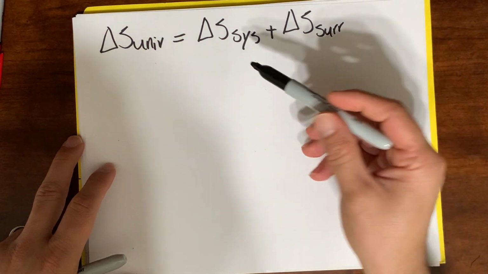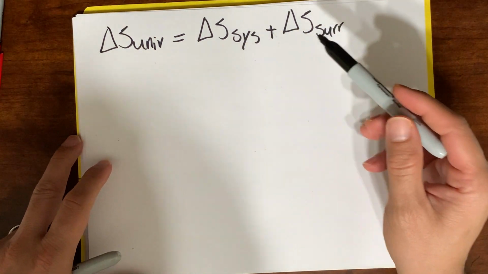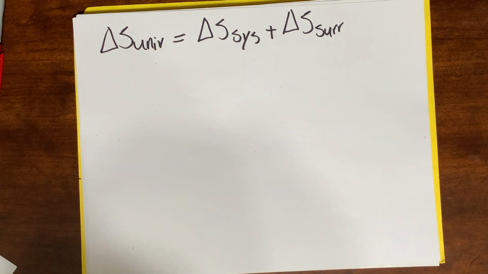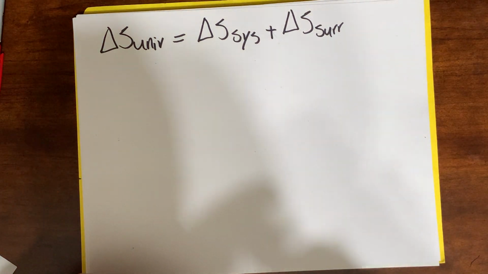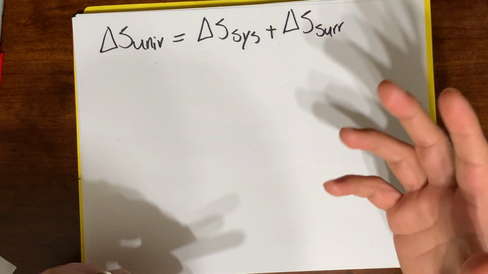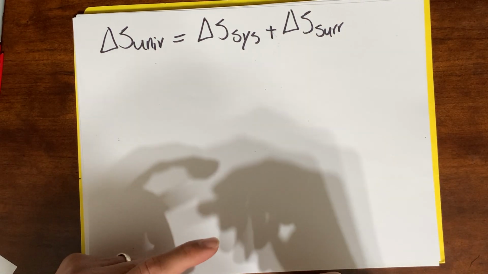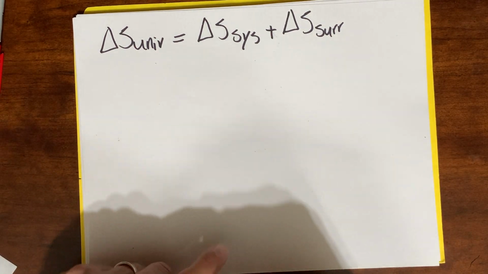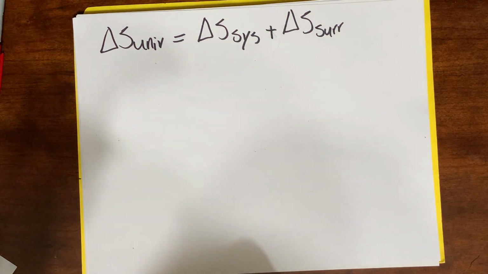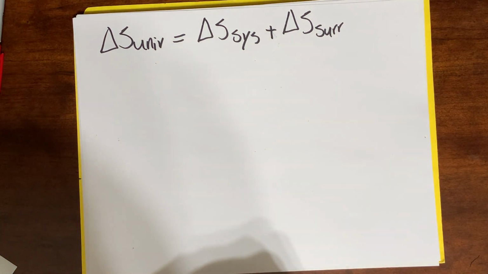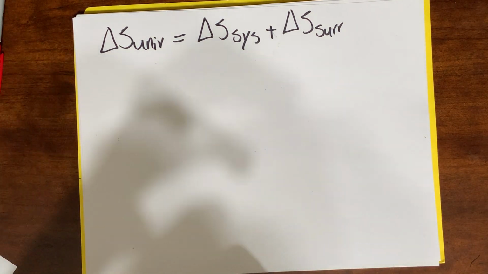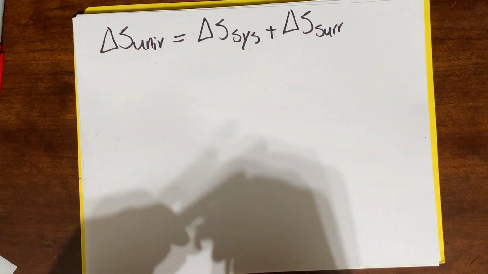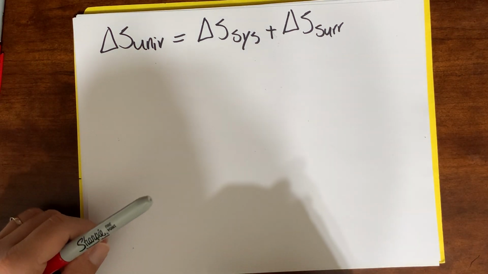I need to know the delta S of the system, and the same thing for outside. Okay, the problem with outside is we do not have control of outside. Usually outside is bigger than us, and surroundings are bigger than us. Because it's bigger than us, it's really hard for us to calculate the change in entropy or energy in it. But there is a way to figure it out.